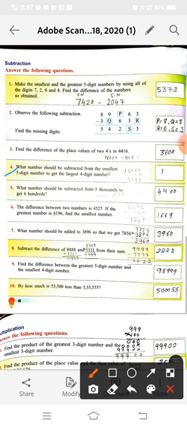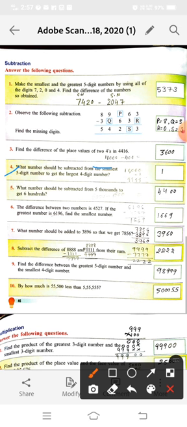Now the fourth question. What number should be subtracted from the smallest 5-digit number to get the largest 4-digit number? So what will we do here? Firstly, find out the 5-digit number. Which number? Smallest 5-digit number.